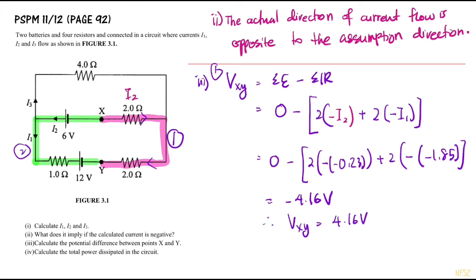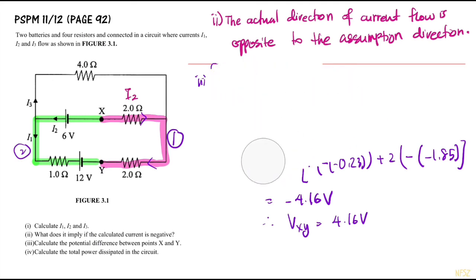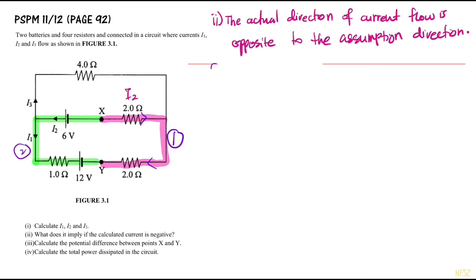Okay, saya nak padam, saya tak cukup space. Saya nak buat yang satu lagi, second route pula. Okay, using second route sama juga sebab dia adalah open. Yang maksud saya open ni, dia tak close loop, dia tak tutup. So it's open loop. So bila it's open loop, V equal to summation EMF minus summation IR.